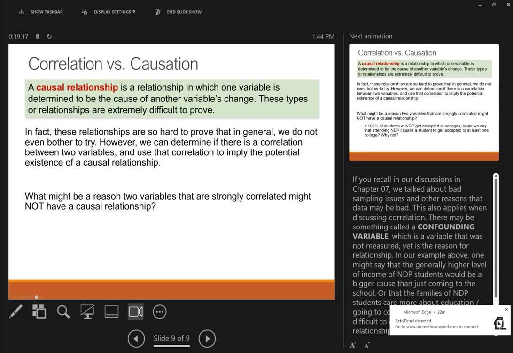Alright. In general, a causal relationship is extremely difficult to demonstrate. Correlation is relatively easy. Does correlation equal causation?